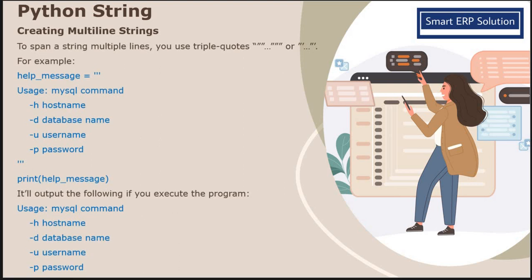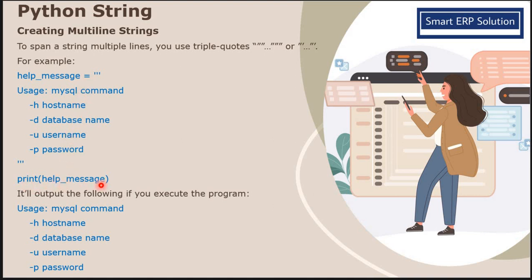Creating multiline string. To span a string across multiple lines, for example, to write a multiline string and assign it to a single variable, we can use the triple quote in Python like this way. Help message: within the triple quote, we have written a multiline string.